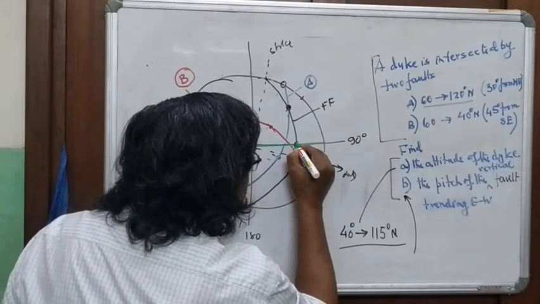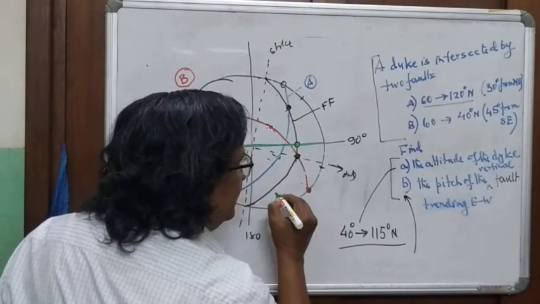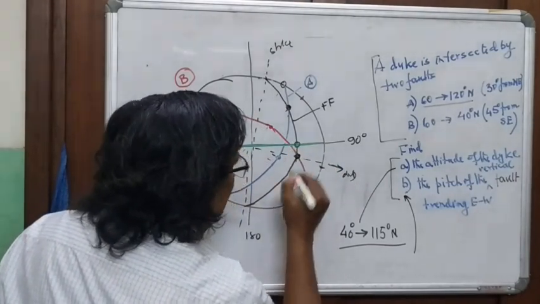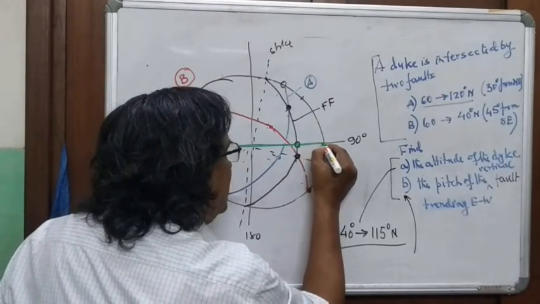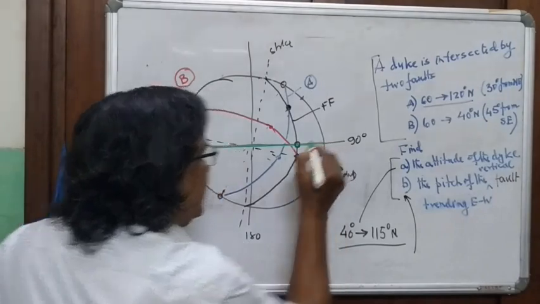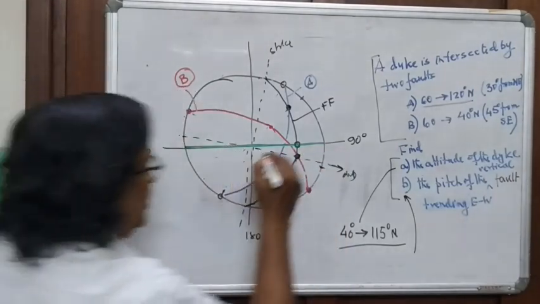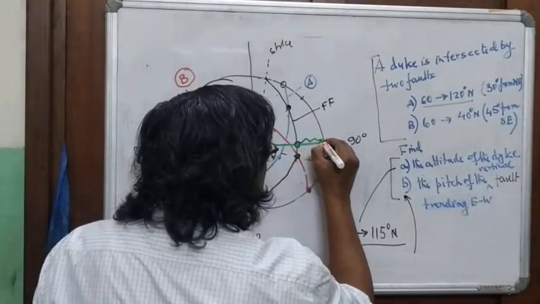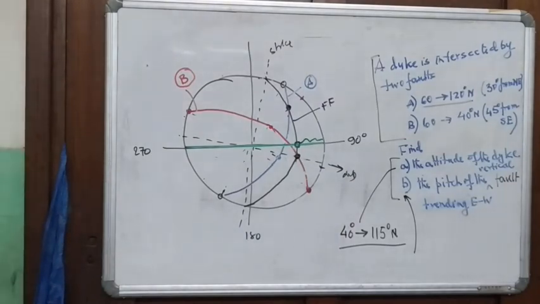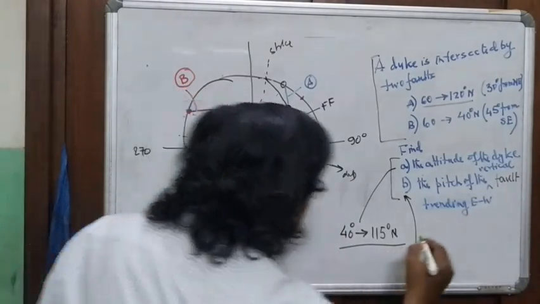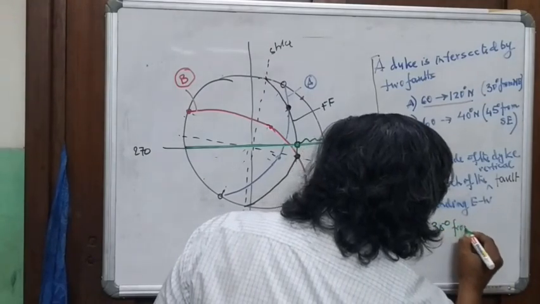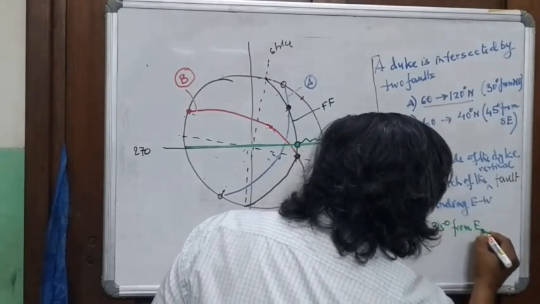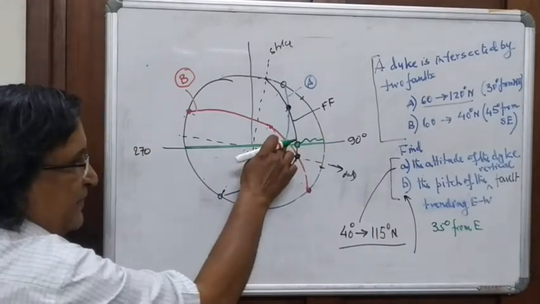This is the intersection of the dike with the east-west trending fault plane. So this angle would be roughly 35 degrees from the east.